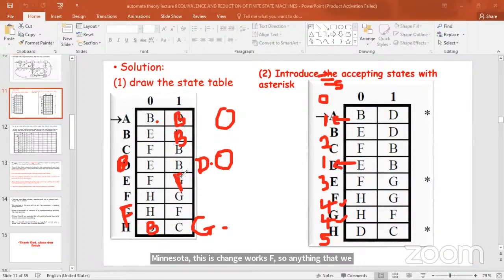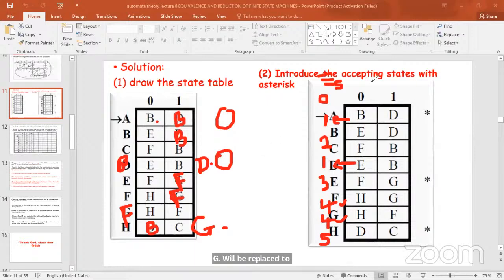This will be converted to F. This will be converted to F because the state G has been removed. So anything pointing to D or A or G will be replaced totally. And that's what has been done here.